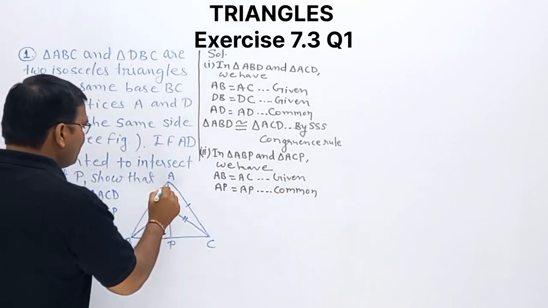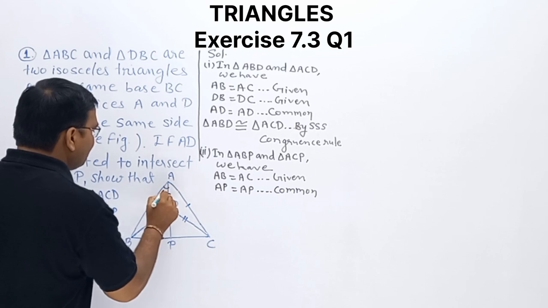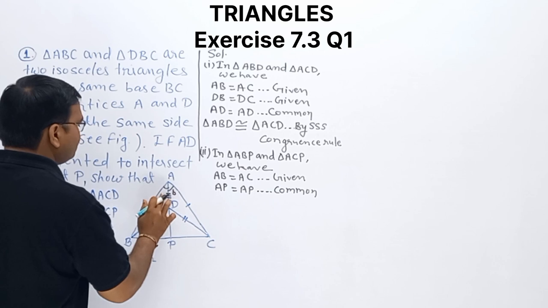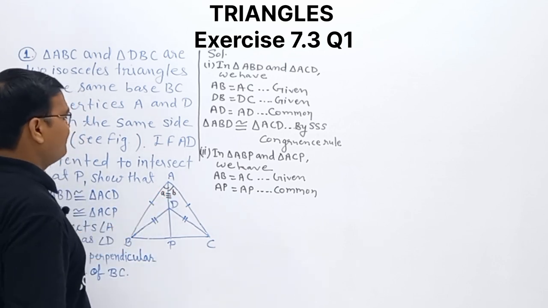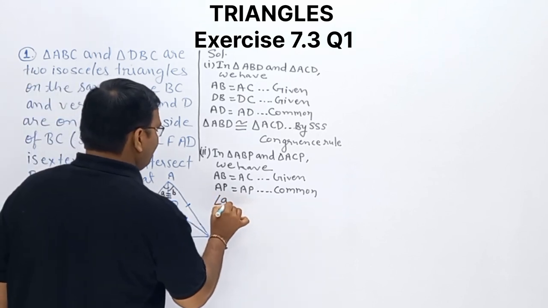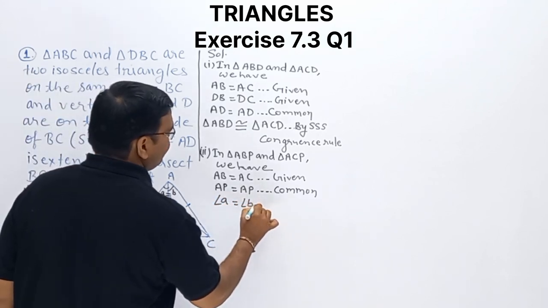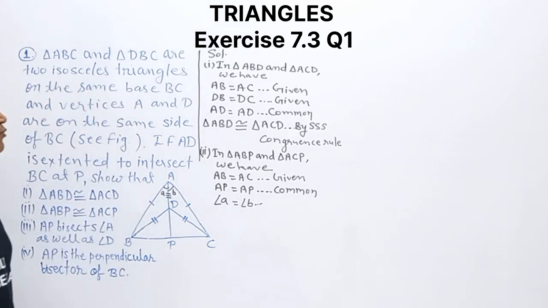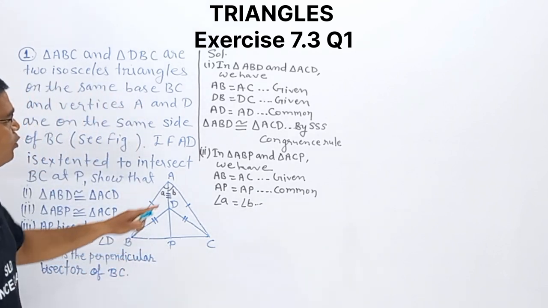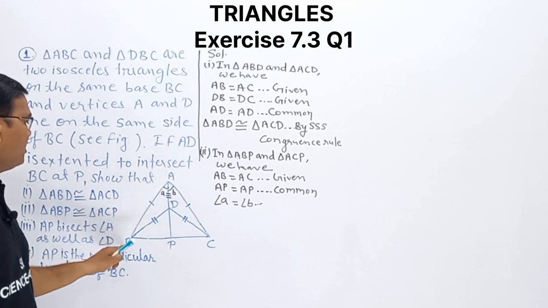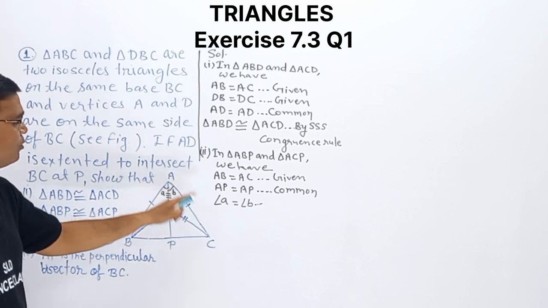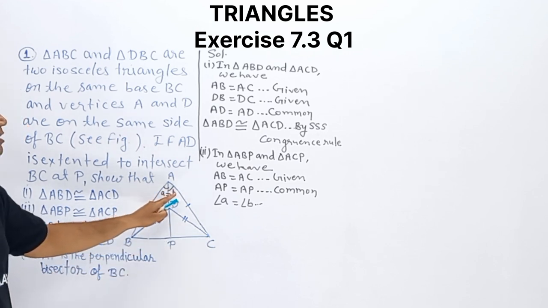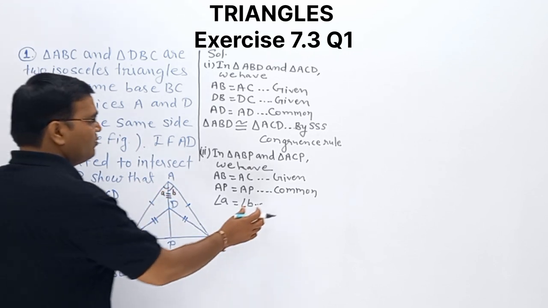Now I am taking this one as angle A and this one as angle B. I am considering this is angle A and this is angle B. Now angle A equal to angle B. Why? Because we already proved ABD is congruent to ACD. So angle A will be equal to angle B by CPCT.